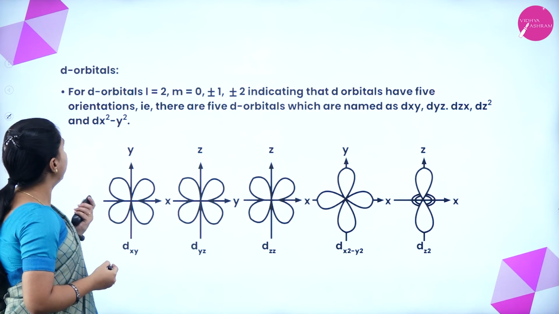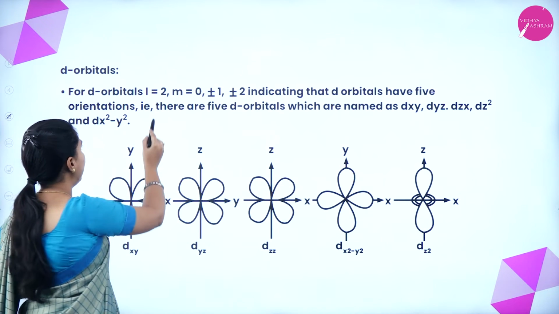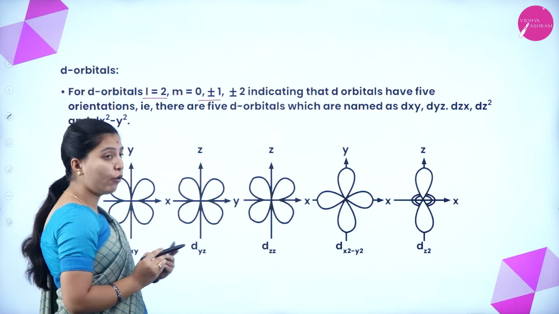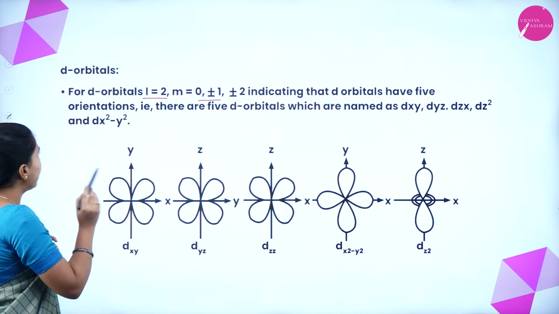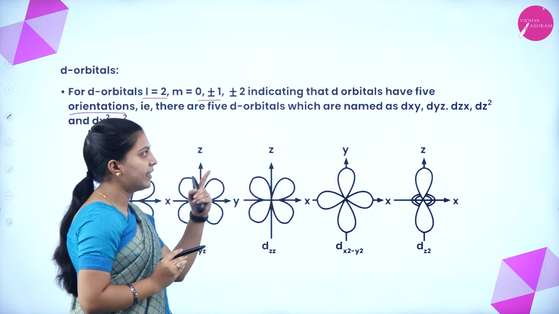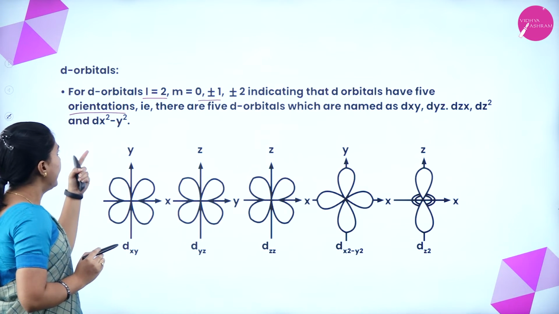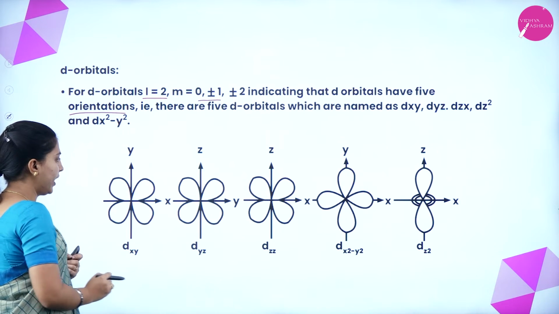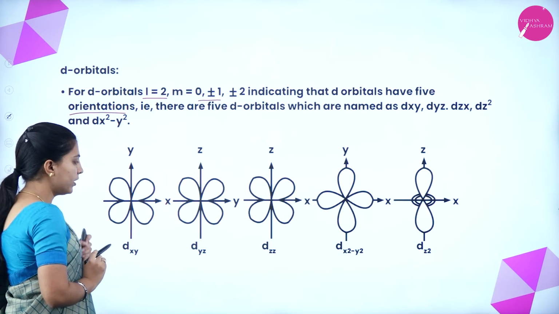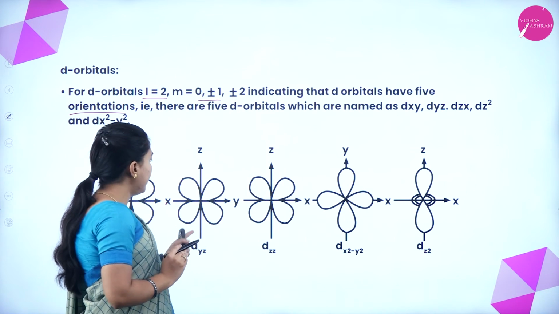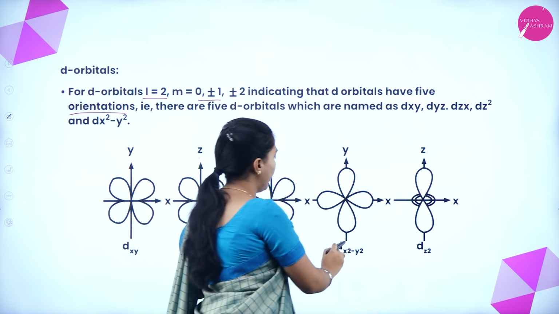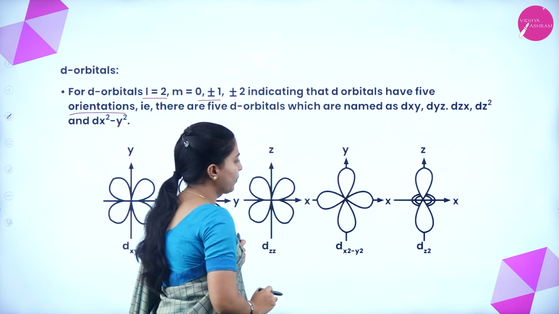Next, d orbital. For d orbital, L will be 2, M will be 0, ±1, ±2. Overall, 5 orbitals. D orbitals have 5 orientations. That is, there are 5 d orbitals which are named as dxy, dyz, dxz, dx square minus y square and dz square.